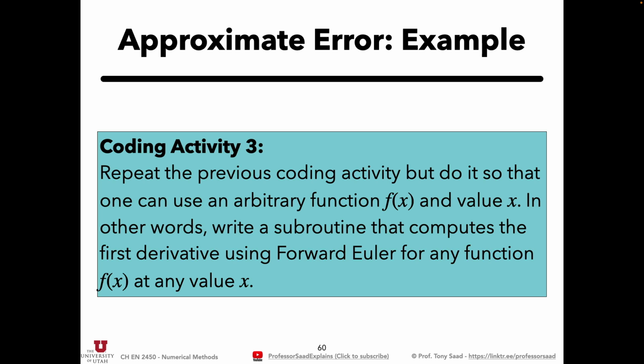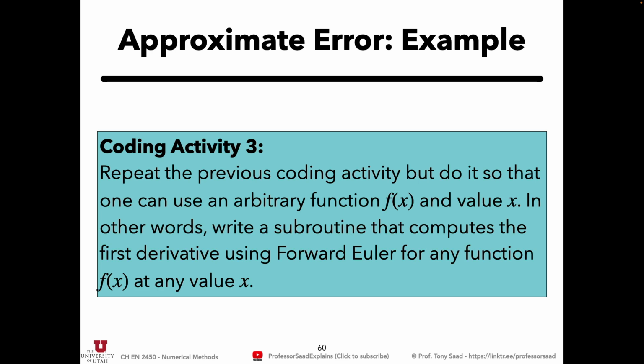So your colleague said, well, how about we create a routine or subroutine in Python that will accept any mathematical function to compute the approximate derivative. So that would be like the ultimate upgrade of what you're doing here.